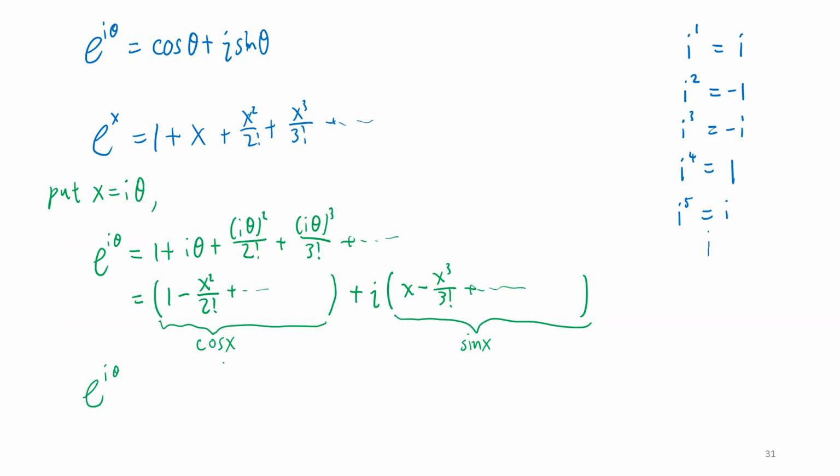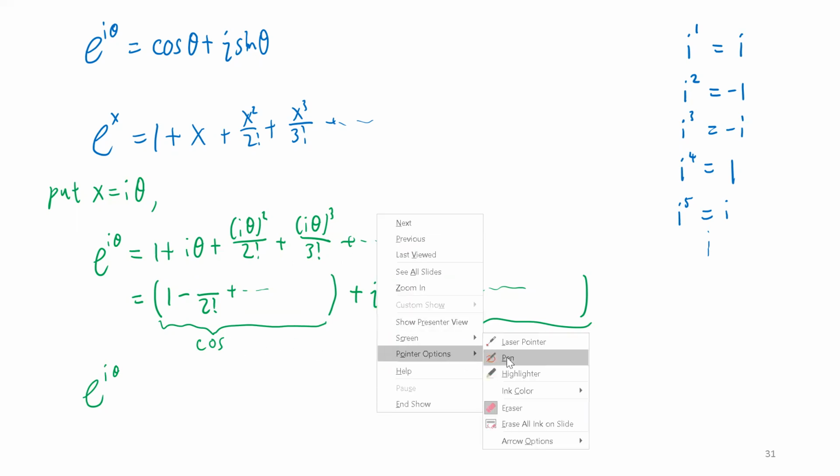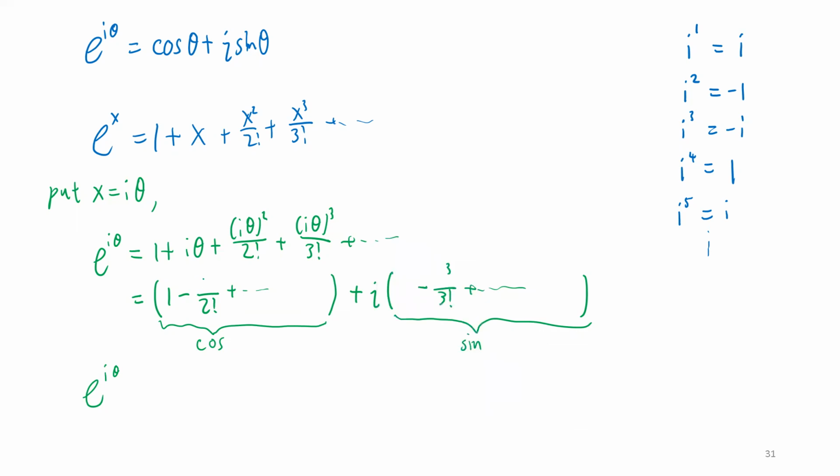I'm sorry, not x, but theta, my mistake. So that's why e to the i theta is cosine theta plus i sine theta.